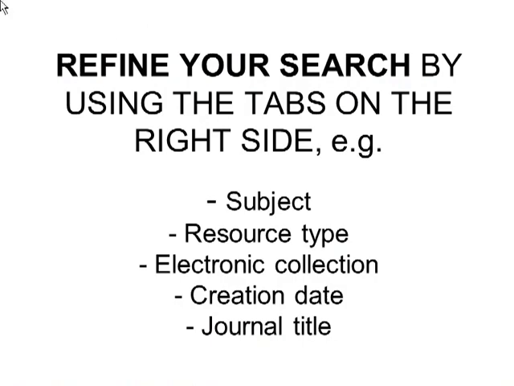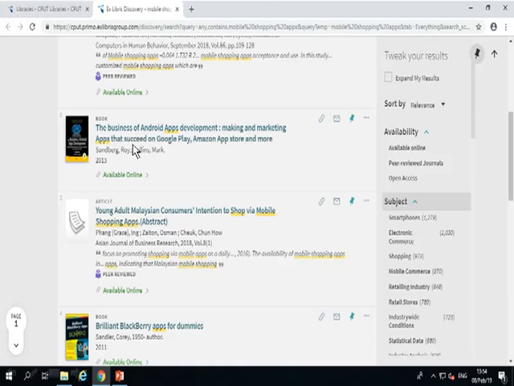Also on the CPUT website, it allows you to refine your research after you've done the search. You can change it there by subject, title, electronic collection, creation date, and journal title. You can sort on the right-hand side. So to demonstrate, you've done your research, and here it allows you to search by relevance, available online, whether it is a peer-reviewed journal.